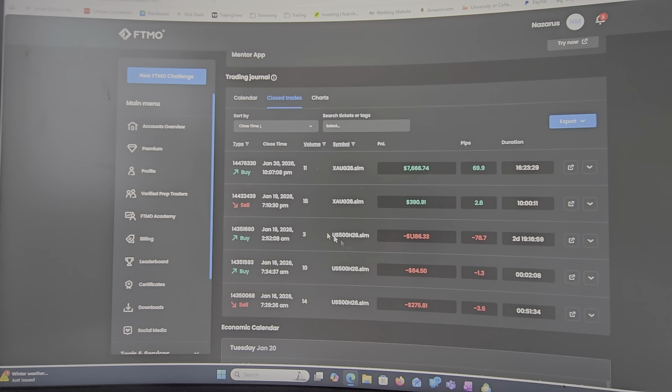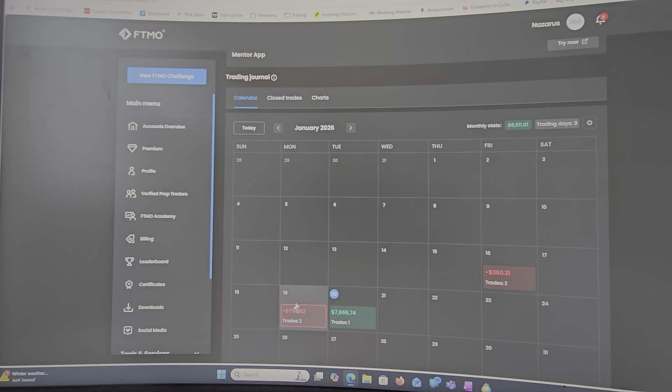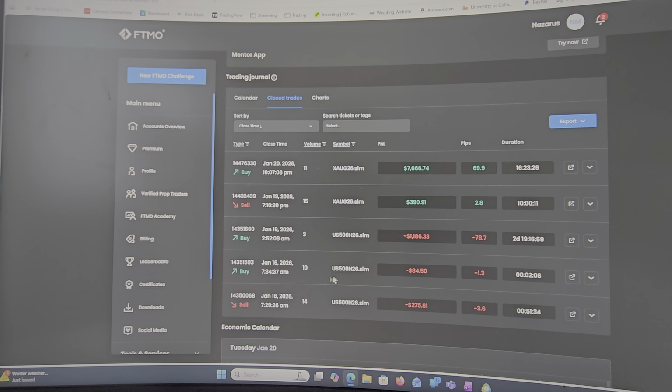And day 2, we still went long on S&P 500, and we lost $1,000, which is here. And then later that day after 7 p.m. we took a gold sell, which I just showed, and we made $390.